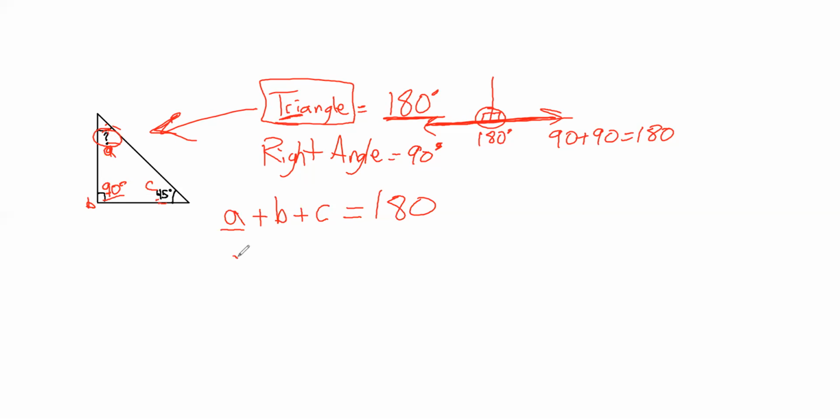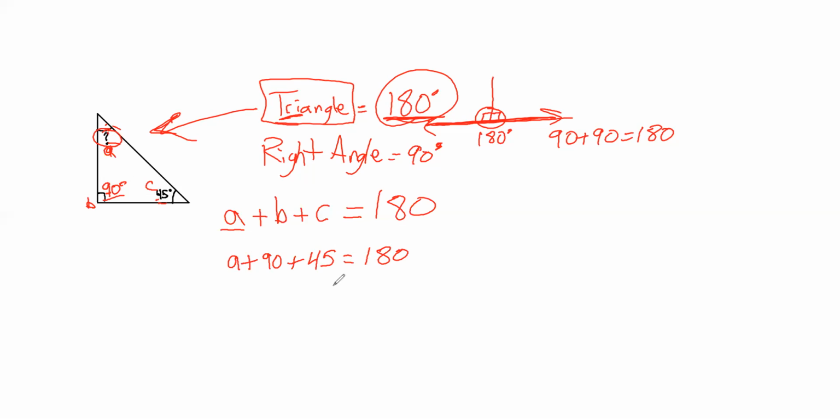So we have A plus B, which is 90, plus C, which is 45, and that has to equal 180, because that's the number of degrees in a triangle.